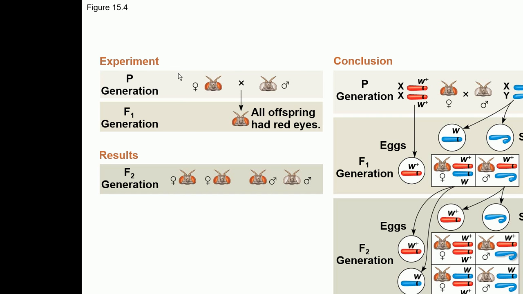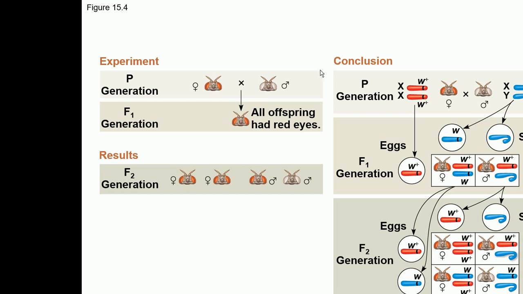So he took the female fly with red eyes. If she has red eyes, it means that both alleles on the X chromosome are normal. I hope you know that there is a pair of sex chromosomes in individuals, and XX is for female and XY is for male.